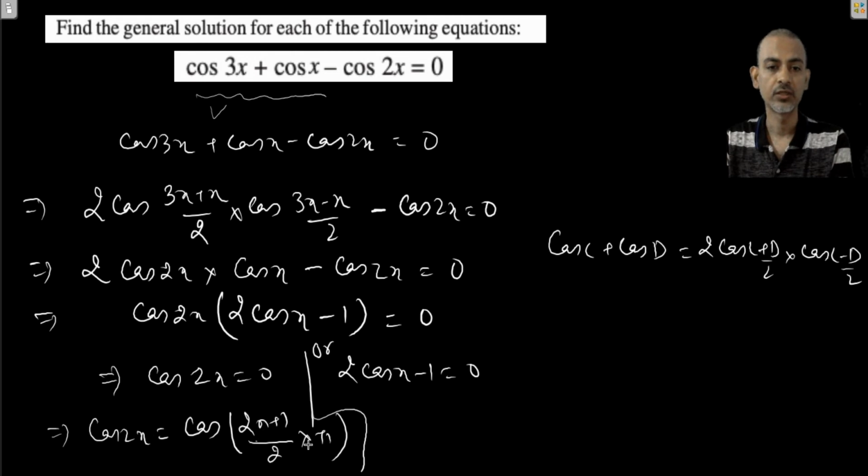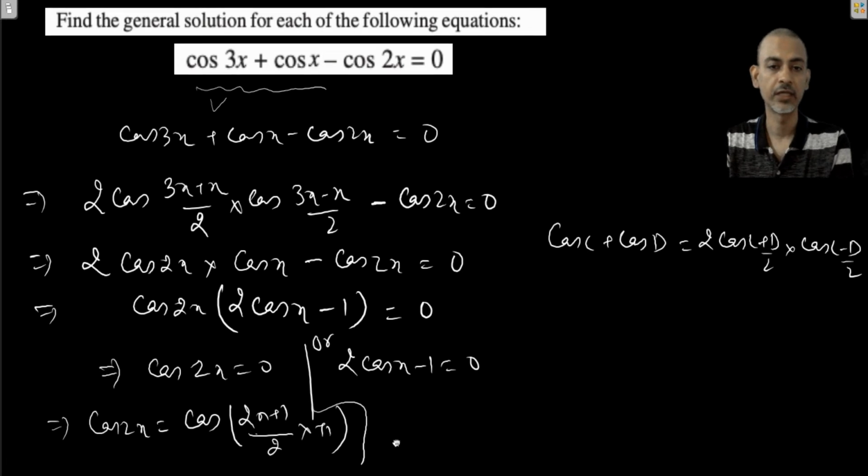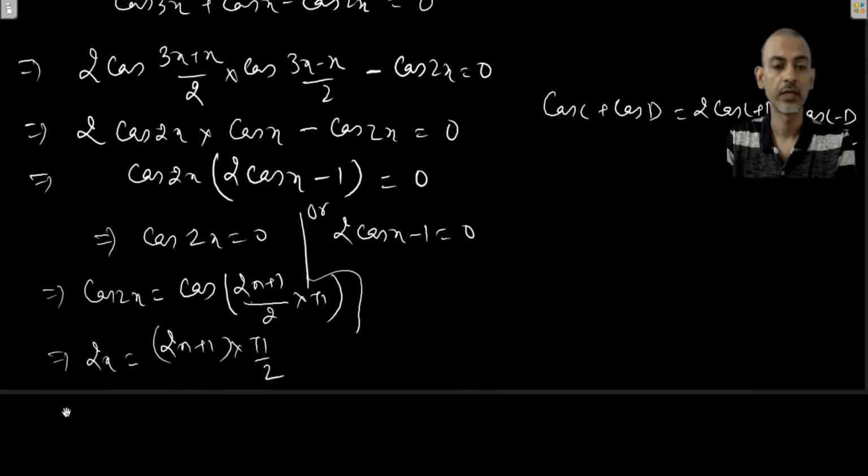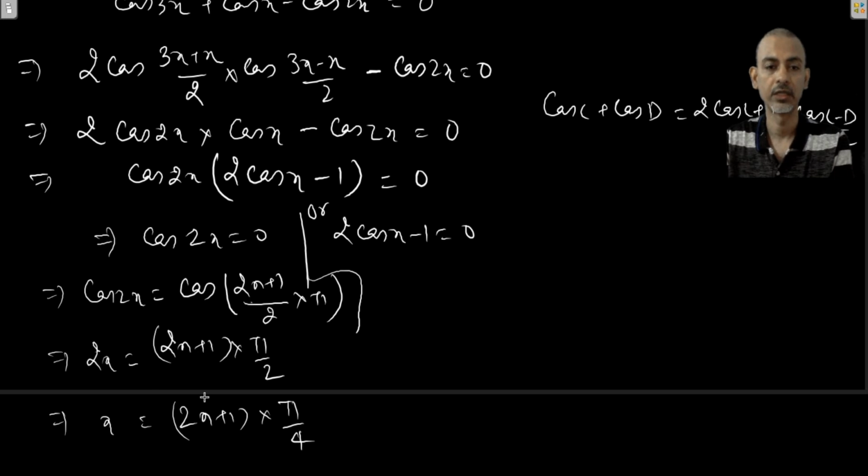Because it's an odd multiple of pi by 2, and cos of an odd multiple of pi by 2 is always 0, right? So on the left side, we get 2x is nothing but (2n plus 1) into pi by 2. This means that we get x equals (2n plus 1) into pi by 4, isn't it? So this is what we got.